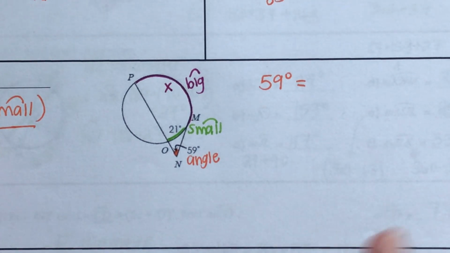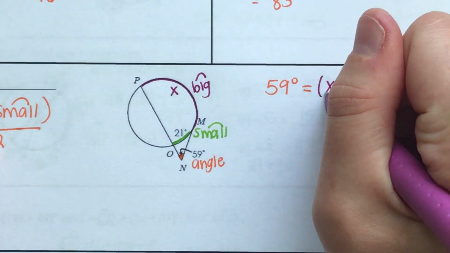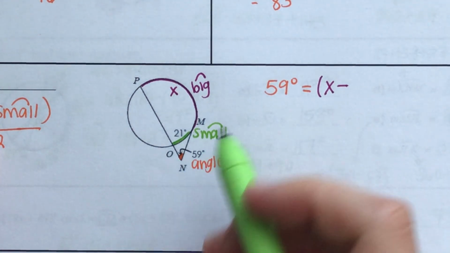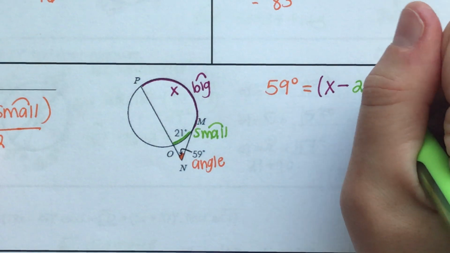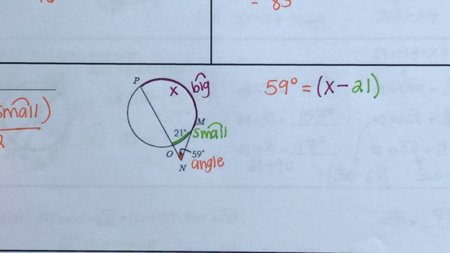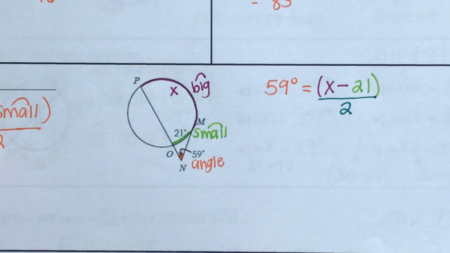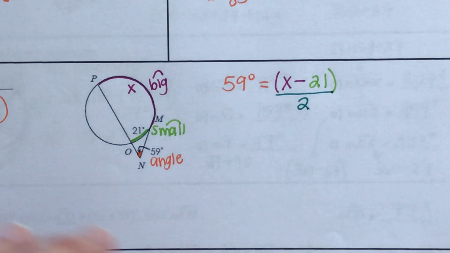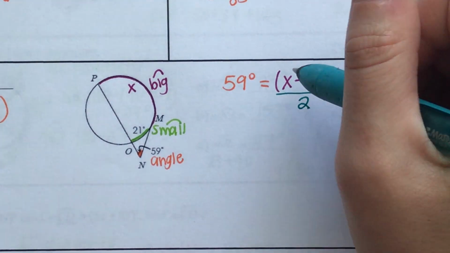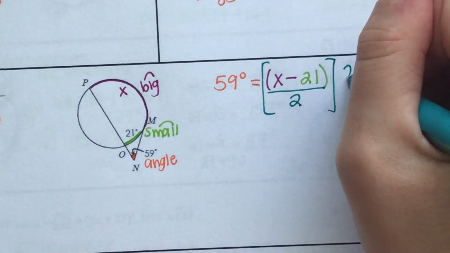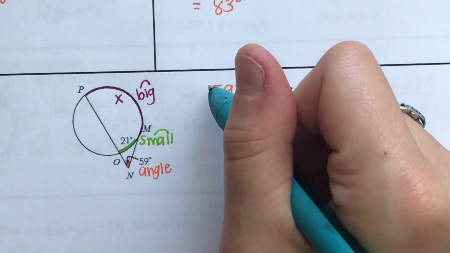So my big arc is X minus my small arc is 21. And then I'm going to take that whole thing and divide it by 2. Now, I want to get the X by itself, so the first thing I'm going to do is take this whole thing, and to get rid of divided by 2, I'm going to multiply by 2. I'm going to do it on both sides.